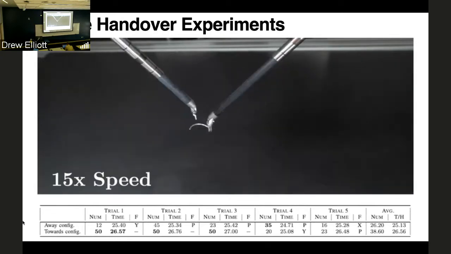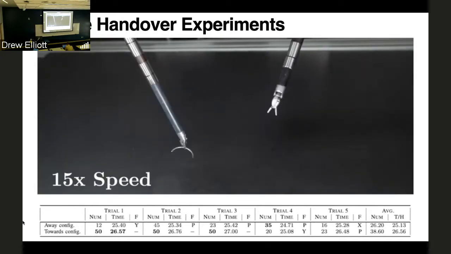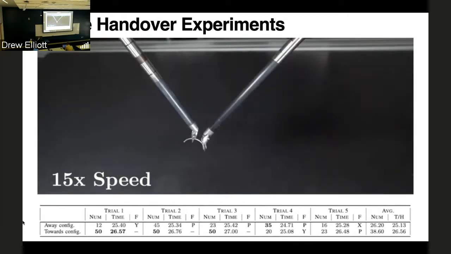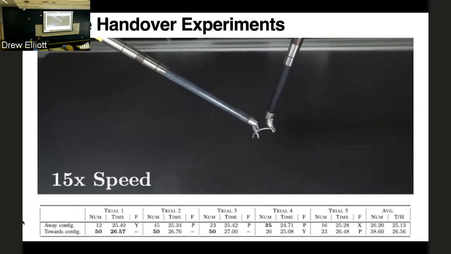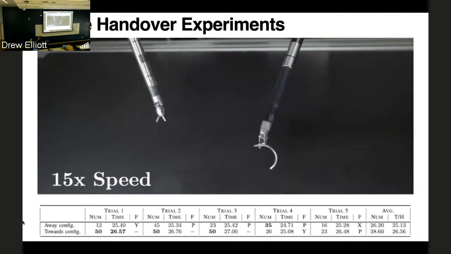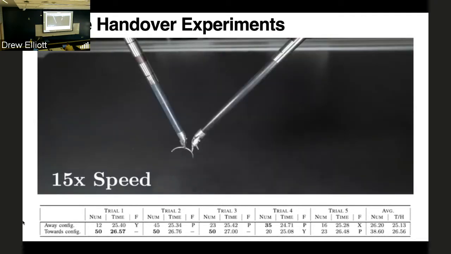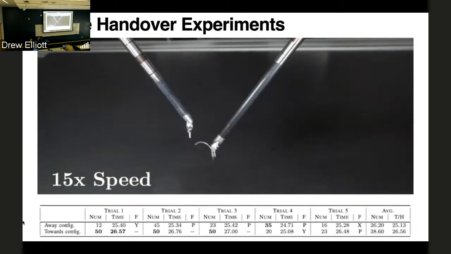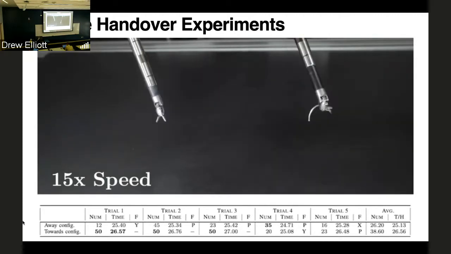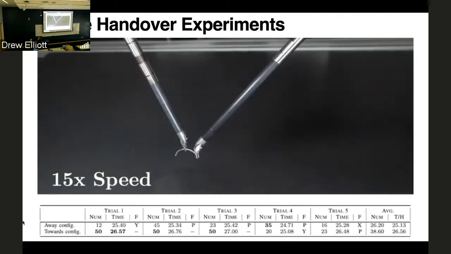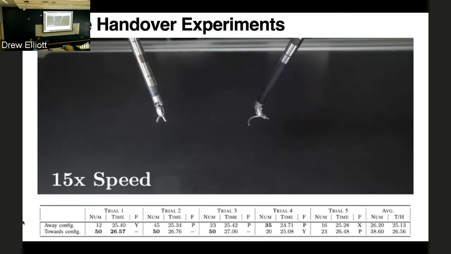The challenge I asked the students was to see if they could continue to hand over the needle back and forth. I expected they'd be able to get maybe 3, 4, 5 handovers before the needle was dropped. But to my very pleasant surprise, they were able to get up to 50 or more handovers before the needle is dropped.